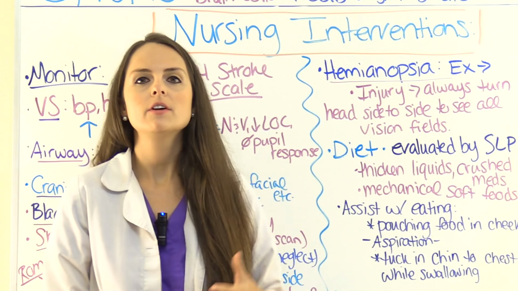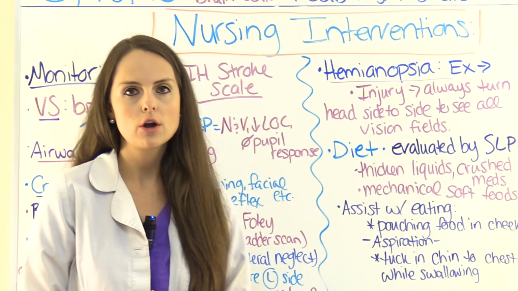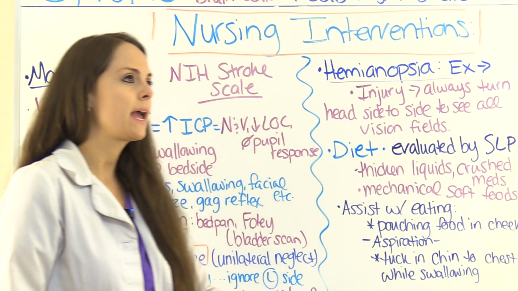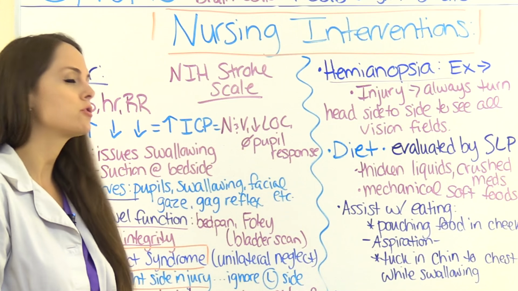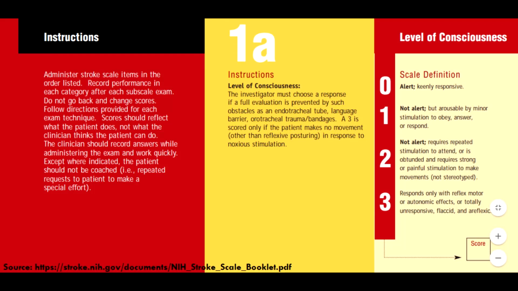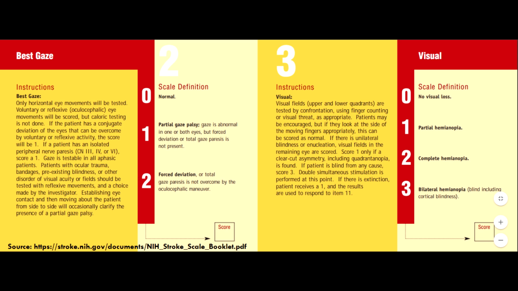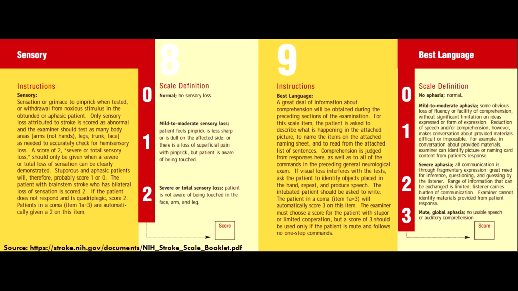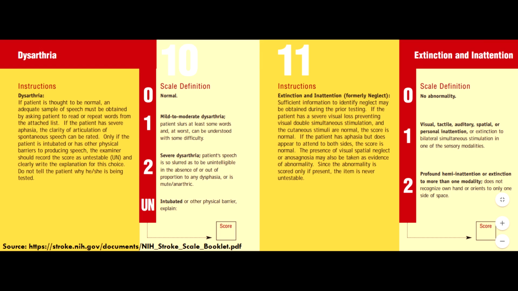Now, as a nurse caring for a patient who's experiencing a stroke, you're going to be assessing them using some type of stroke scale. A common one is the NIH stroke scale, and it assesses 11 different areas, such as the patient's level of consciousness, gaze, visual, facial palsy, motor function of extremities, sensory, best language, dysarthria, and extinction/inattention.